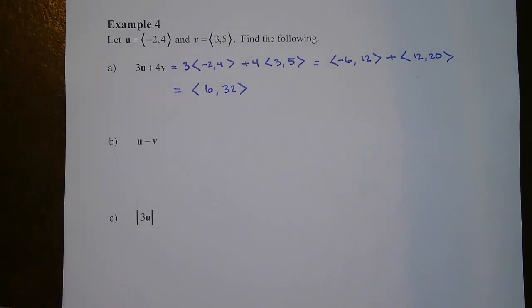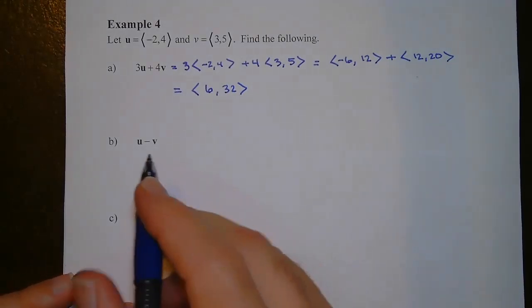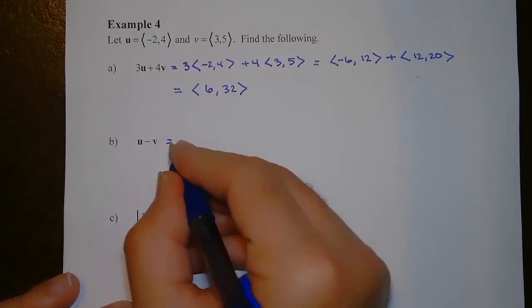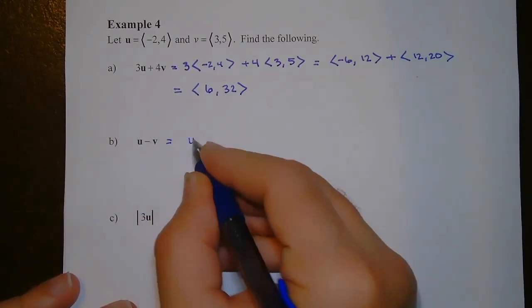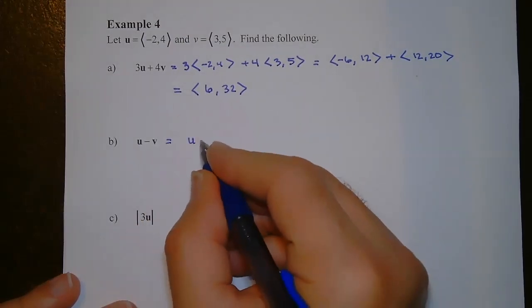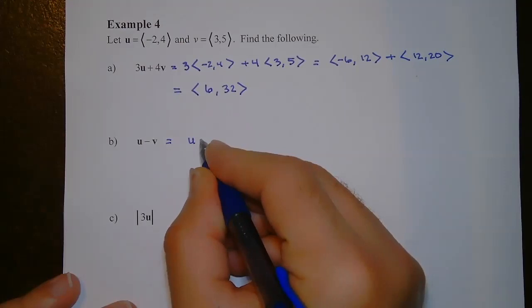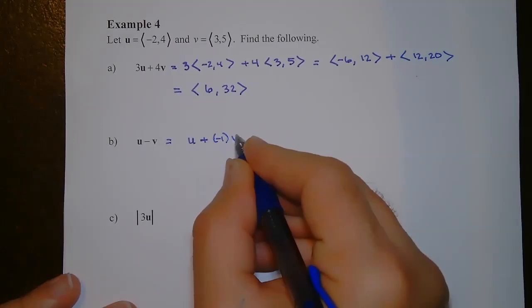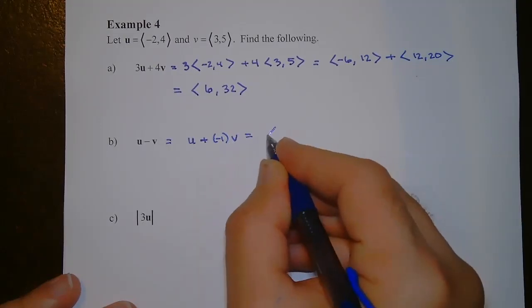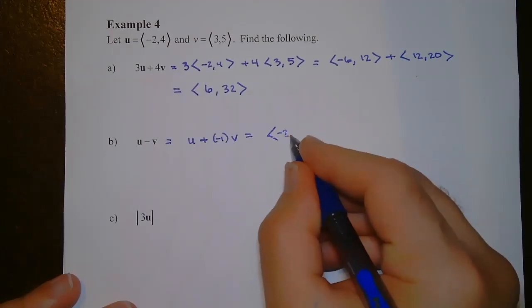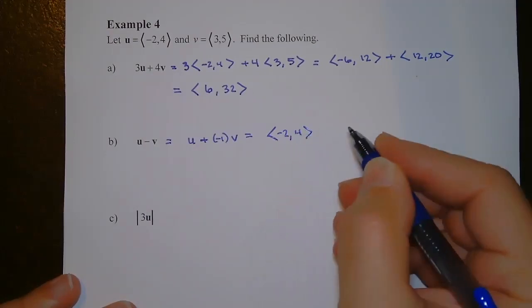Then for this next one, B, we're in essence defining the difference between two vectors. We can't really do it this way, because there's no operation like this. So it'd be u plus negative 1 times v. That would be the vector negative 2 comma 4. Notice they say vector, and it's not the point.